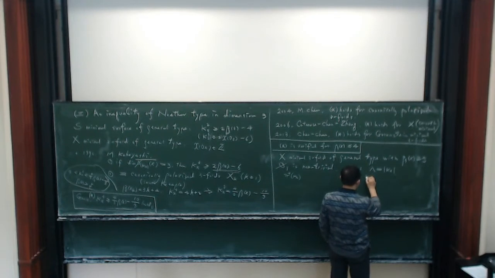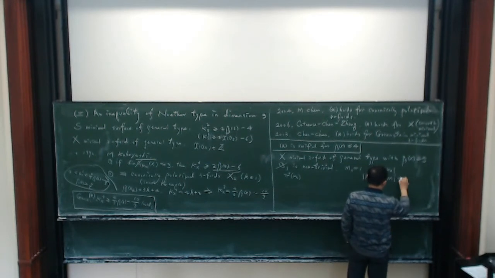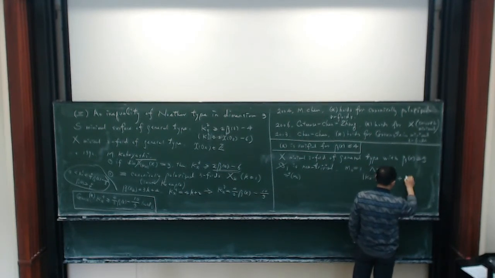So I have a moving linear system, kx prime, which is a moving part plus a fixed part.